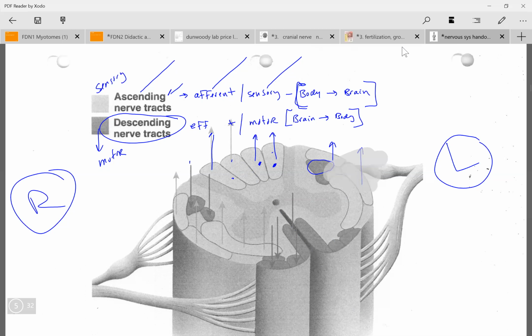Okay, now we're going to start naming some other parts. So let me get rid of some of this.